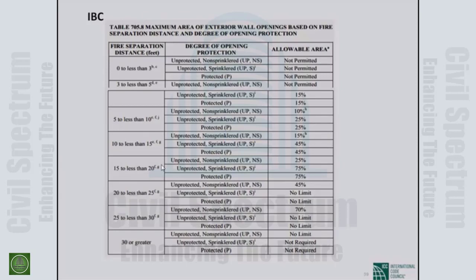So this you can consult with the table in IBC, which is not in BNBC, or other than IBC you can have it from the NFPA or other code. You can get this type of table. NFPA also has this type of table, not a similar table. So you can consult for this. If the building is detached, what should be the opening at the nearest wall of this detached structure?